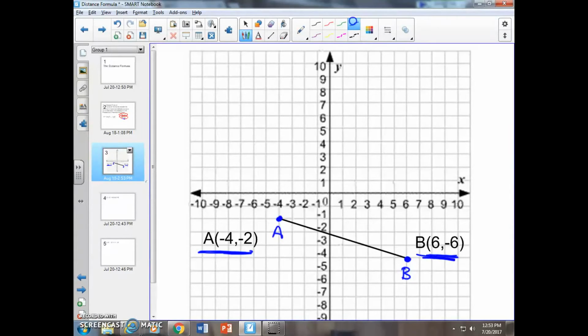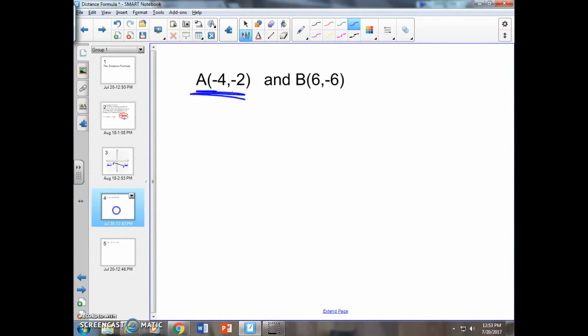And as long as you know the two ordered pairs, you don't have to have the picture, you don't have to have the line drawn between them. You can tell the distance by using the formula. So again, we have our coordinate A, our coordinate B. On A, this will be our first x value, comma, our first y value. And for B, this will be our second x value, comma, our second y value.